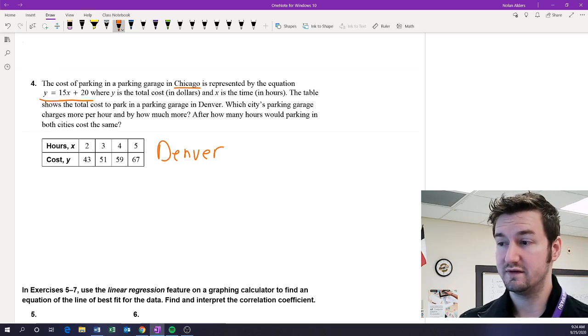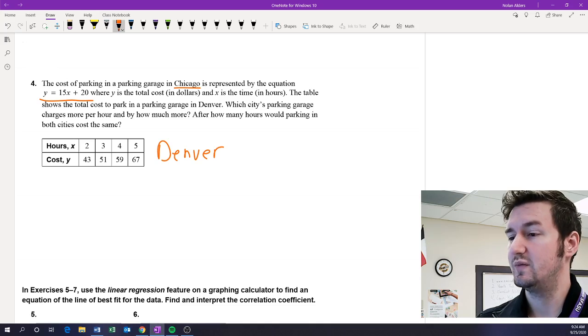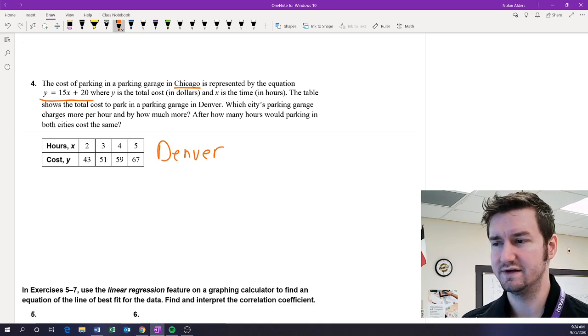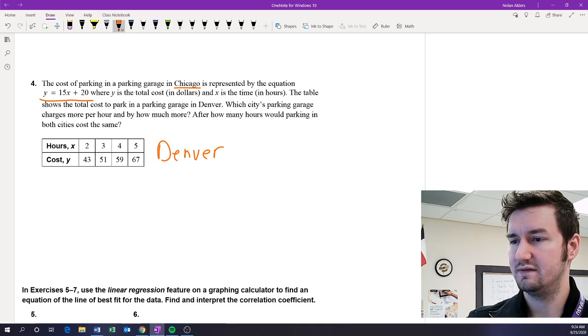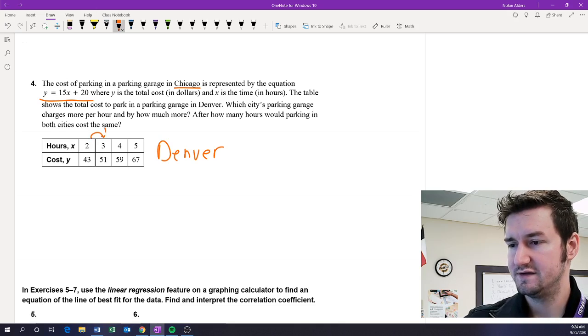We have 2 points. In fact, we have 4 points in our data table below. So let's just pick 2 of them. And first, I guess we want to make sure this is linear. So we see that our change in x is by 1 here. So that change in x is by 1. And the change in y is, it looks like 8.